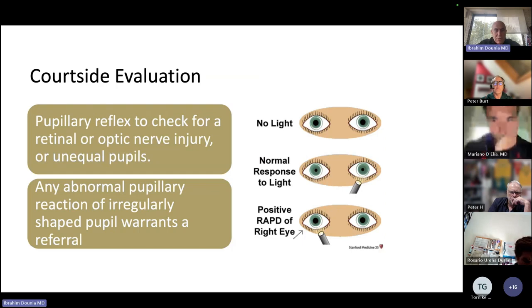With the pen light, you look for pupil reflex. If there is no light, the pupil is slightly dilated. When you put light, the pupil should be constricted. If there is any abnormality with the swinging light in the pupil, that warrants a direct referral.